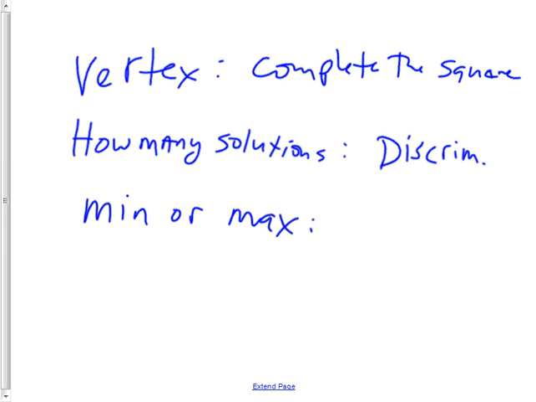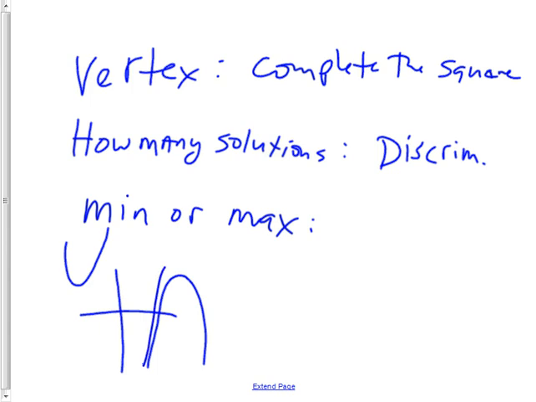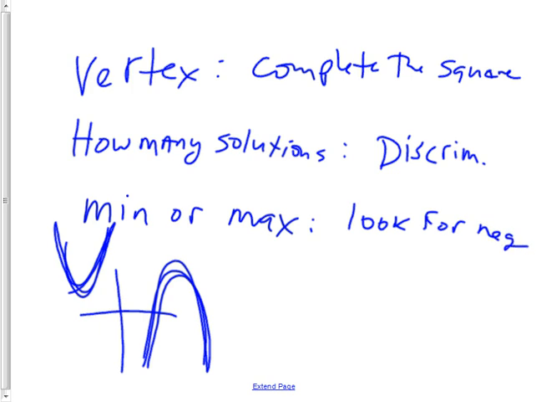How will you tell if it's a min or a max? Really you're asking, is it this way or is it that way? How do you tell if it's this kind of parabola or that kind of parabola? In vertex form, there's a negative in front of it. Yep, look for the negative in front.